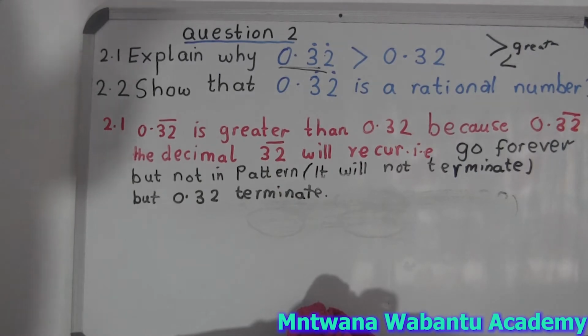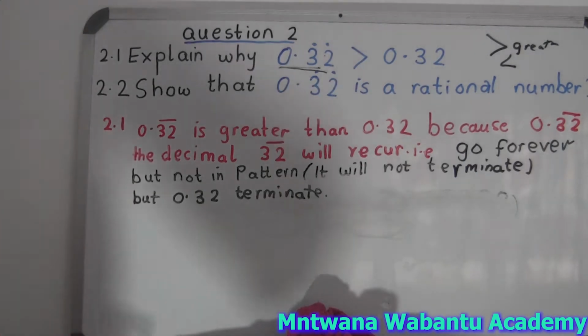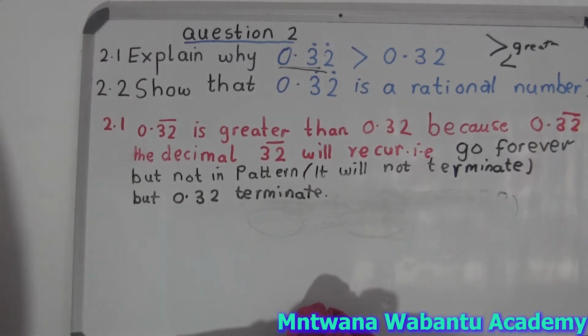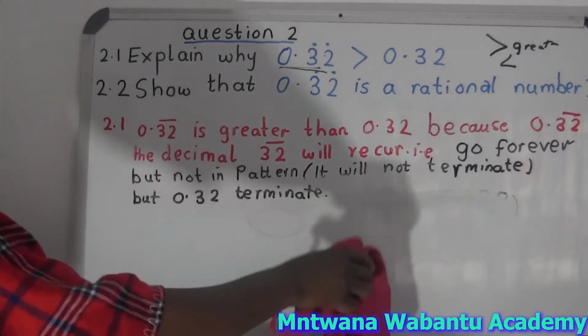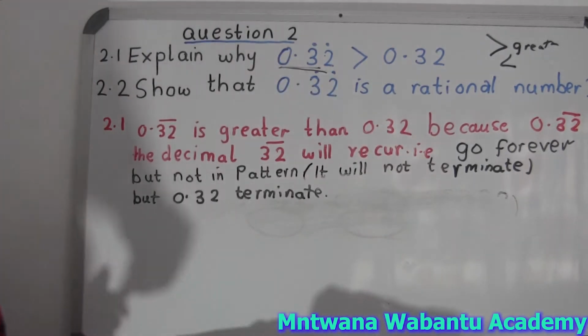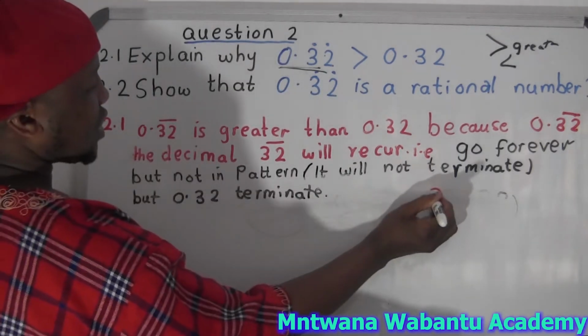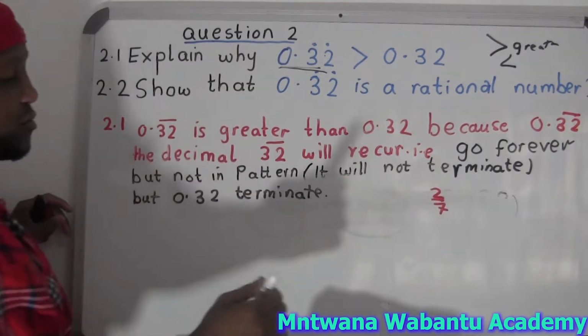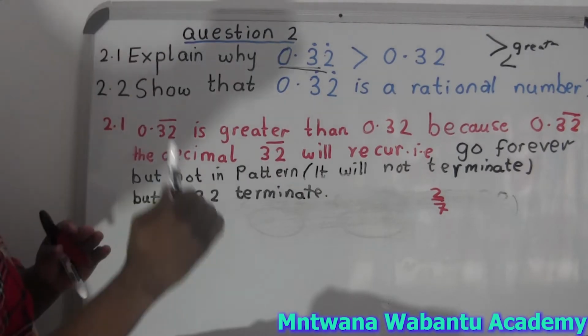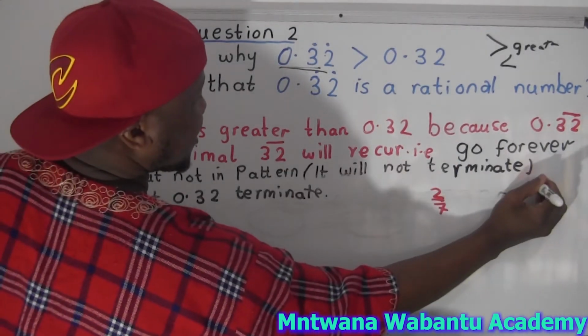Okay, so the first one we have already answered. Now we want to go for 2.2, which is also very, very easy. We want to change this to a rational number. What is a rational number? A rational number is, for example, 2/7. This is a ratio, top and bottom. But this is not rational.